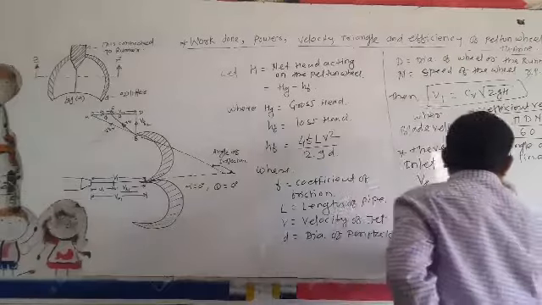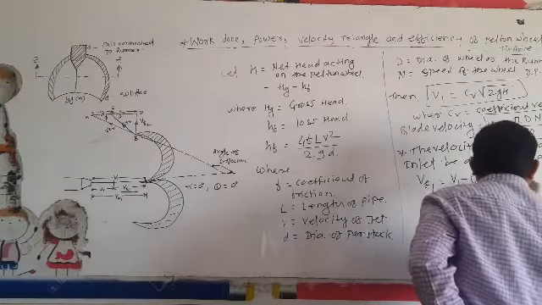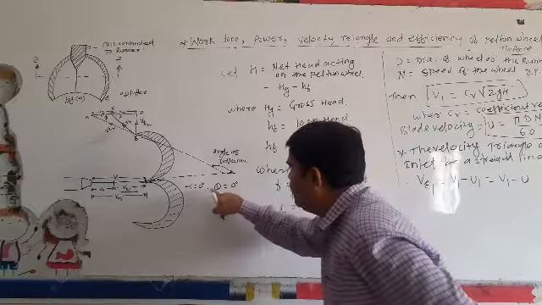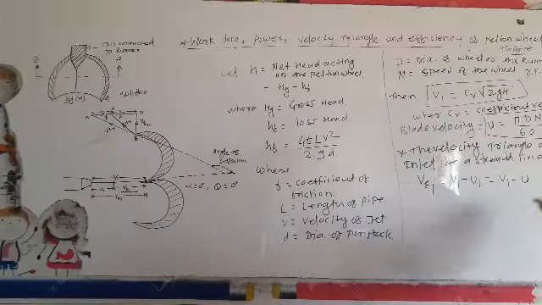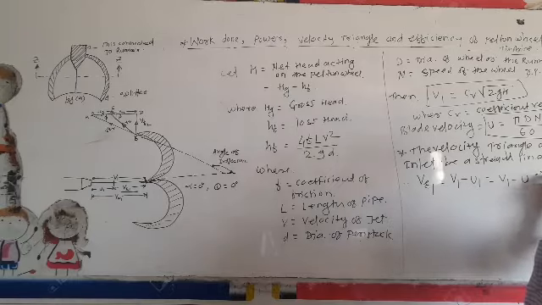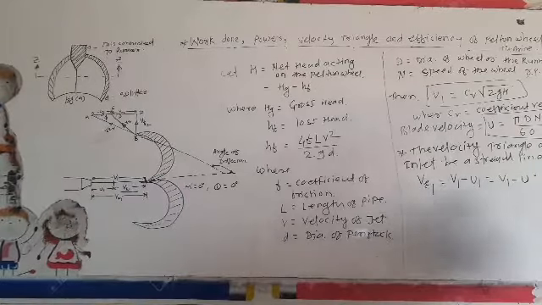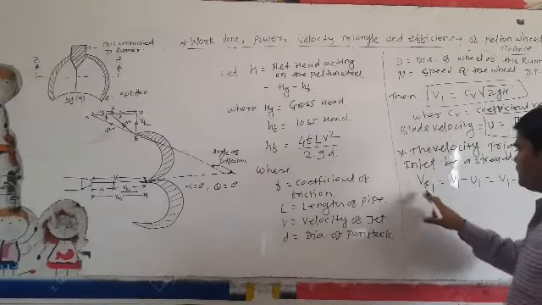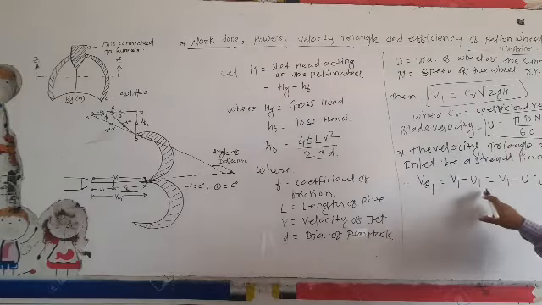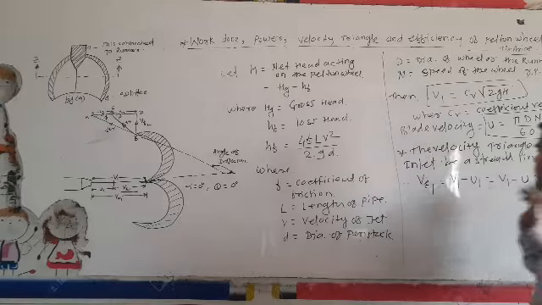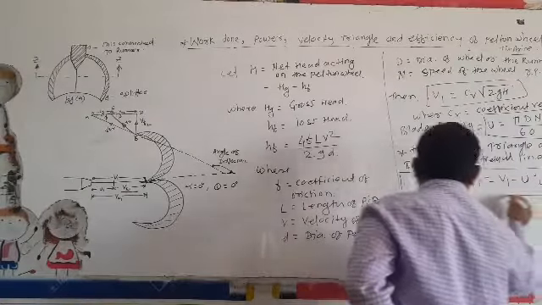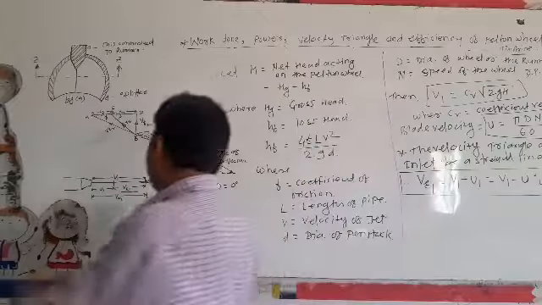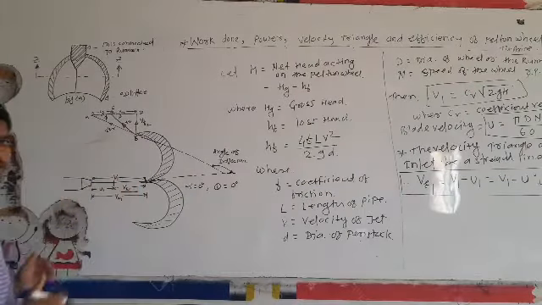Hence we can write here V1 minus only U. Because alpha is equal to 0 and beta is equal to 0, and since U1 is equal to U2, we have to consider U1 is equal to U2 is equal to simply U. Hence we can write relative velocity VR1 is equal to V1 minus U1, is equal to V1 minus simply U. This is the initial relative velocity at the inlet triangle, which is a straight line.